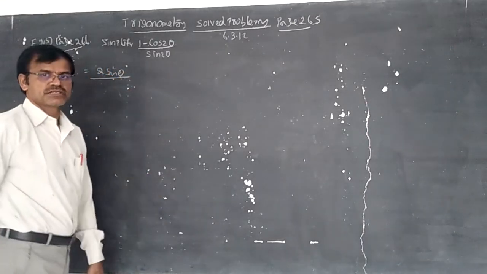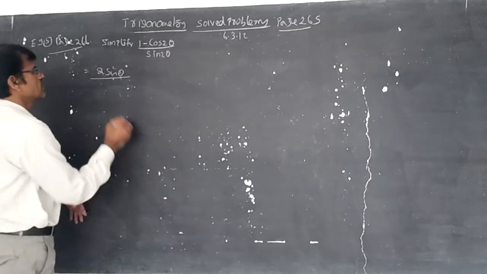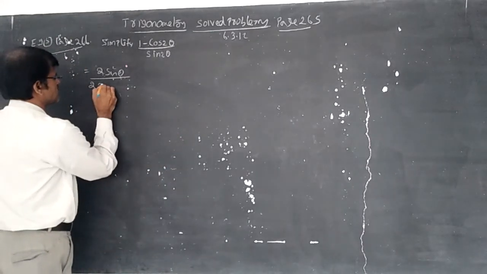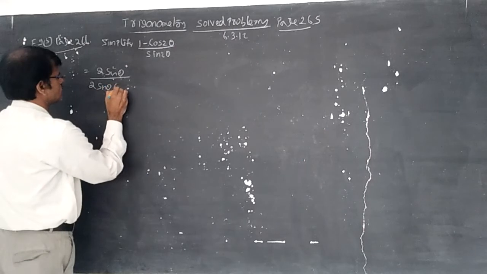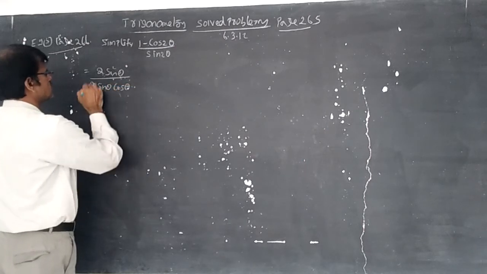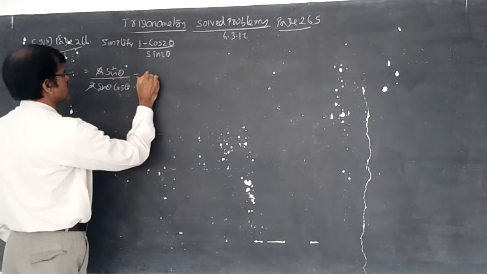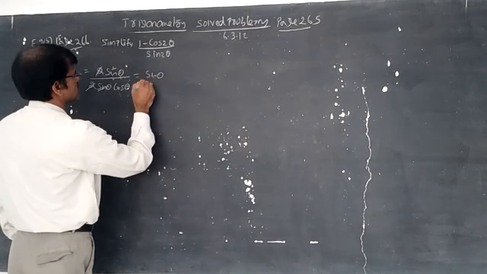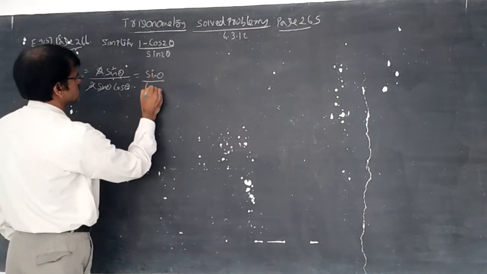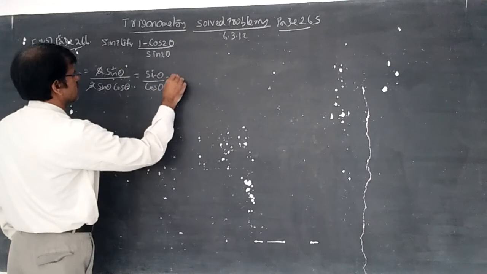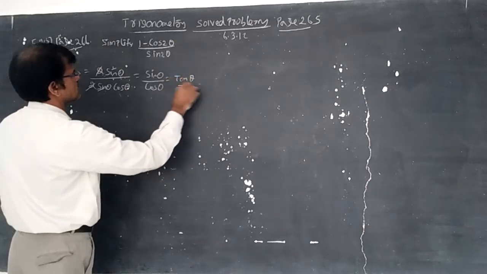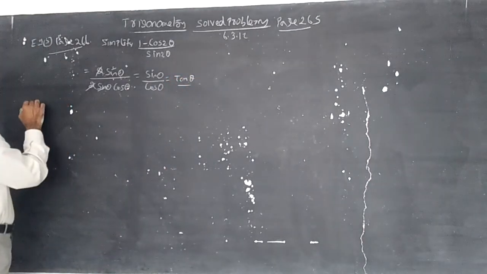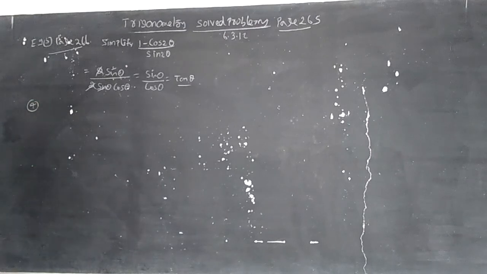The formula of 1 minus cos 2 theta in terms of sin is 2 sin square theta, and the formula of sin 2 theta is 2 sin theta cos theta. 2 gets cancelled, sin gets cancelled. So it is sin theta by cos theta, which is tan theta. That's all. Tan theta is the simplified value.